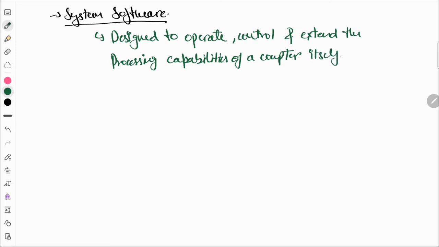System software is generally prepared by the computer manufacturer.